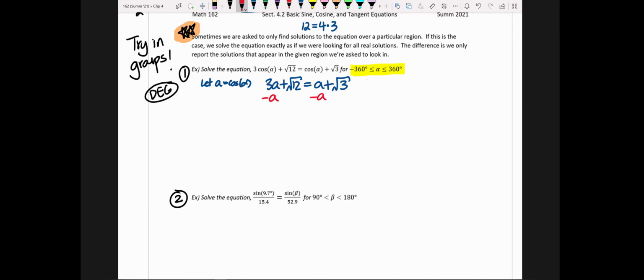Subtract a from both sides. Now we have 2a. We can rewrite root 12 as 2 root 3 because 12 is 4 times 3. So square root of 4 is 2. Square root of 3 stays. So we have 2 apple is equal to, this is 1 root 3 minus 2 root 3, so negative root 3. Apple comes out to be negative root 3 over 2.